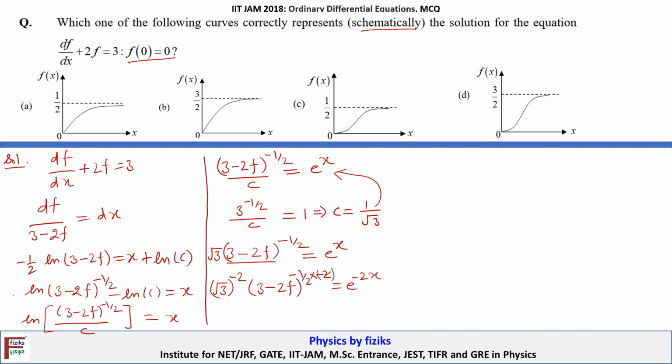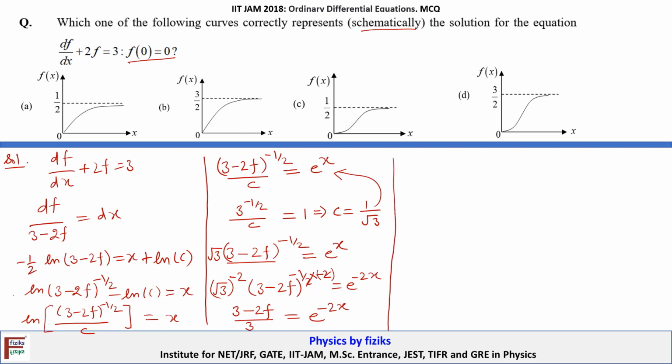Here the 2 cancels out with the 2 and the minus with the minus, and the square root also cancels with the 2, and only the power minus 1 remains. Then we can write 3 minus 2 times f, with 3 in the denominator, is equal to e to the power minus 2x.